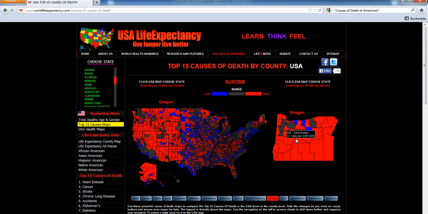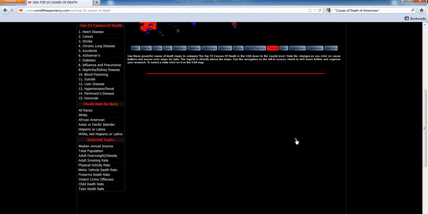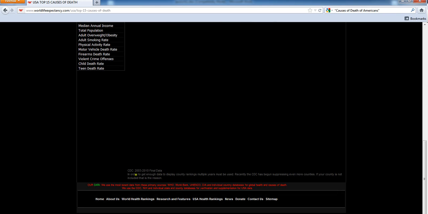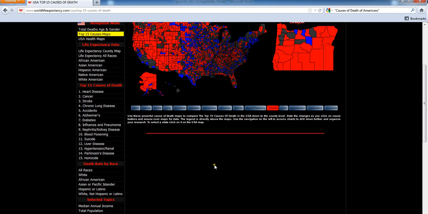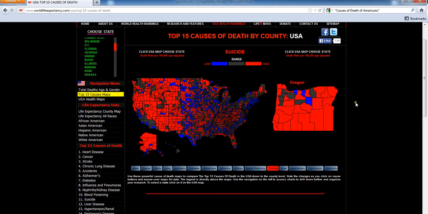17 per 100,000. I don't know if you've caught that, but 17 per 100,000 is considered, quote-unquote, high by whatever data this is coming from. Let's check the source on this. It is the CDC, through 2010. But 17 per 100,000 is considered high for suicides, whereas 156 per 100,000 is actually considered low for heart disease or cancer or stroke, whatever it was.